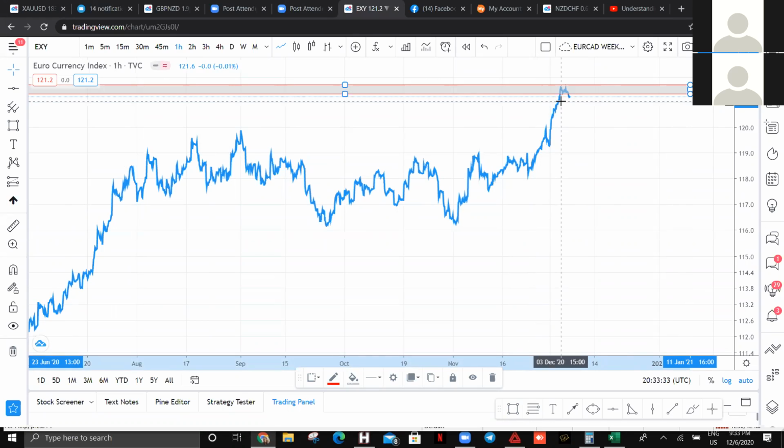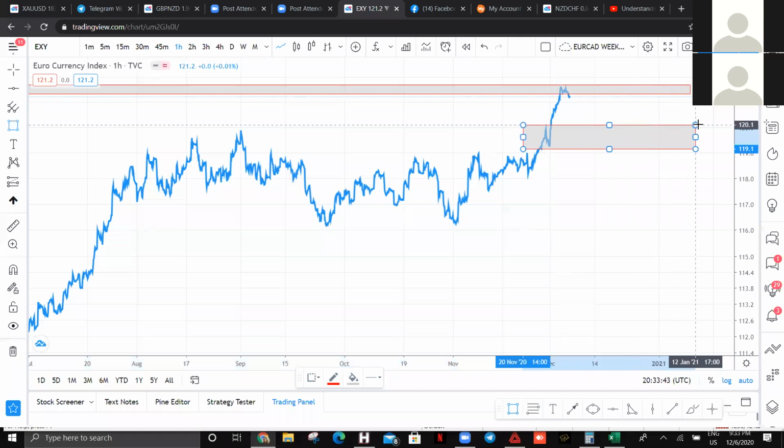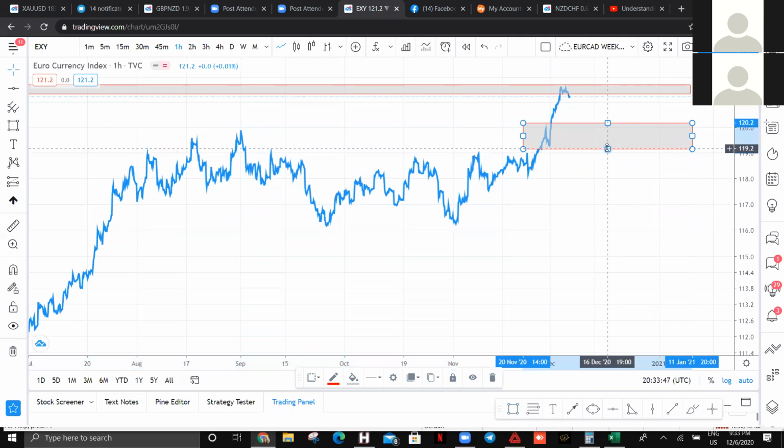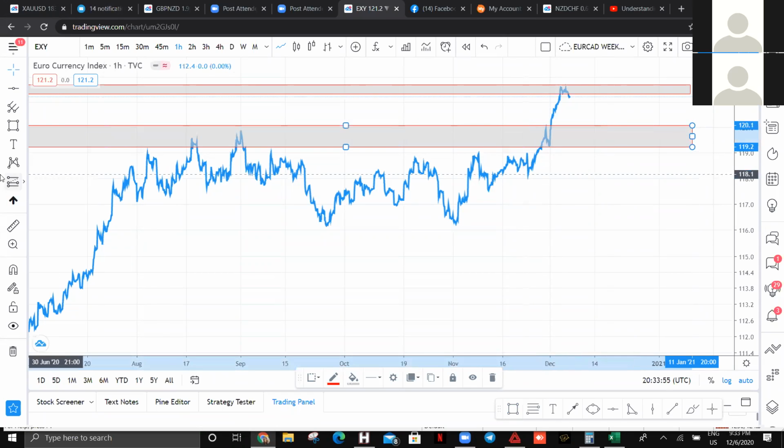When you zoom out your chart, go first to the first pullback on the line chart. That is where you draw your what? Your zone. Then the second one is this one. You can see it is glaring to your face here. So these are practically a very strong zone.